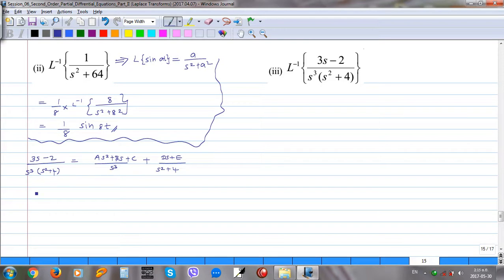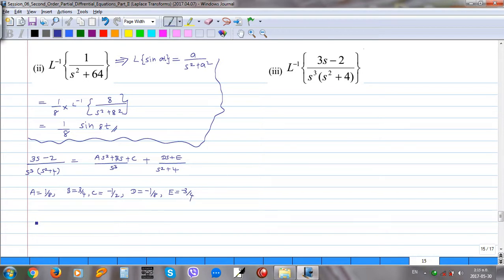Then you can find A as 1 over 8. Try this yourself. B as 3 over 4, C as minus half, D minus 1 over 8, and E minus 3 over 4.